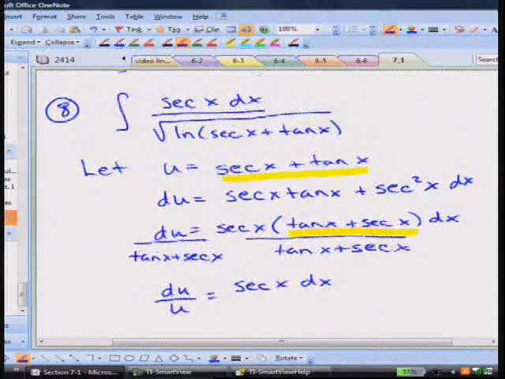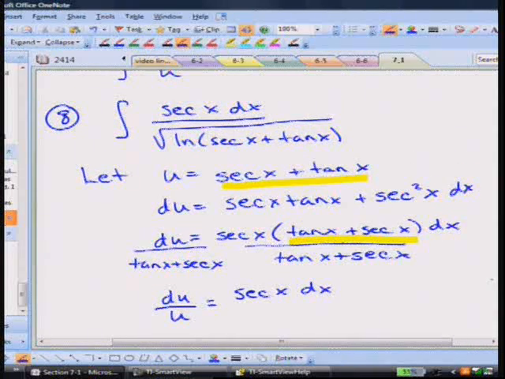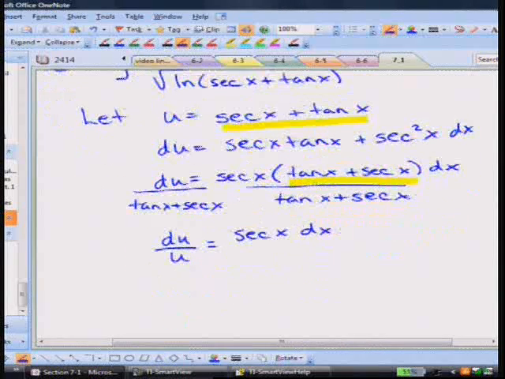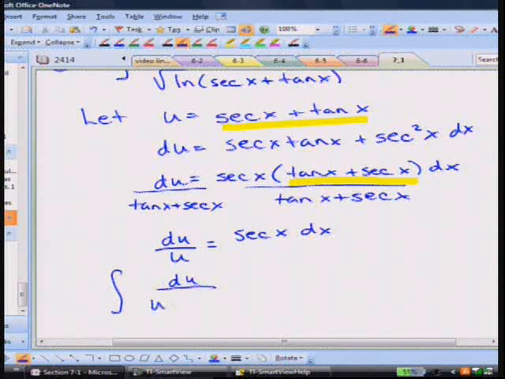All right, now what can I do with that? Well, I can replace secant x dx with du over u, and then I can put secant x plus tangent x, I can put u right in there. So back to my integrand, I can write this as du over u on the square root of ln u.